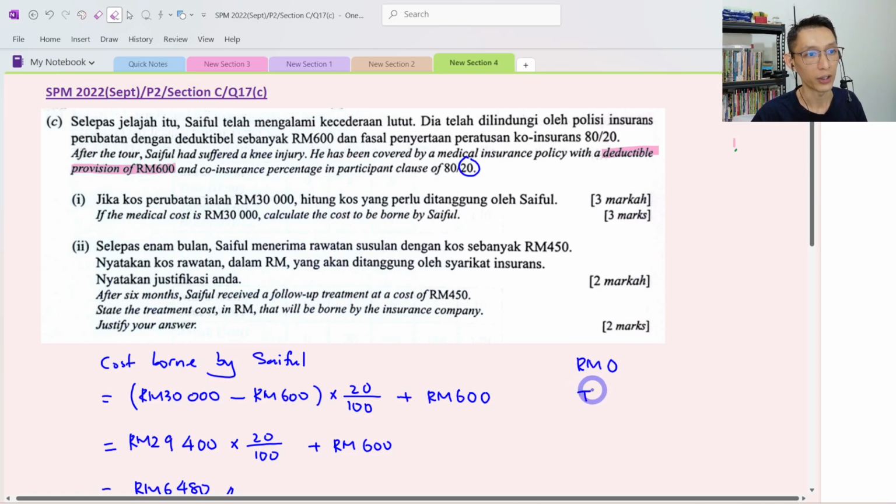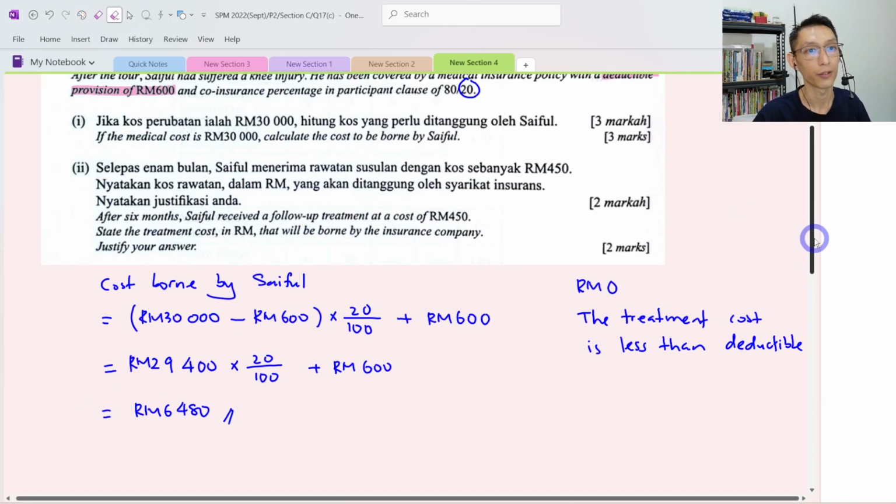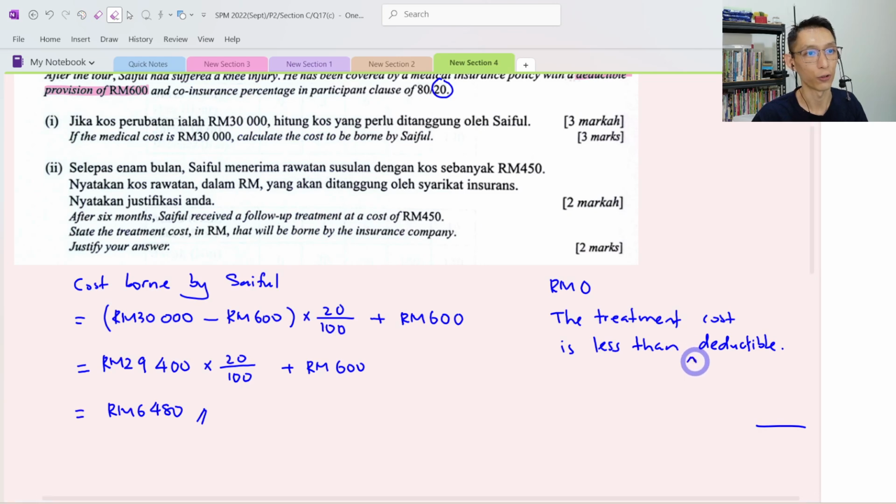Because the treatment cost, which is 450 ringgit, is less than the deductible, which is 600 ringgit. The treatment cost is less than the deductible. So this is the answer for part 1 and part 2.